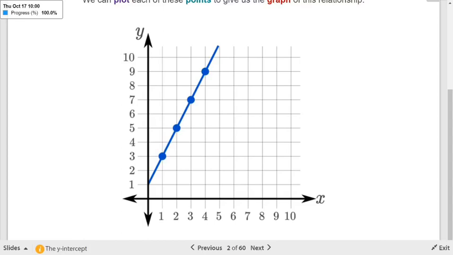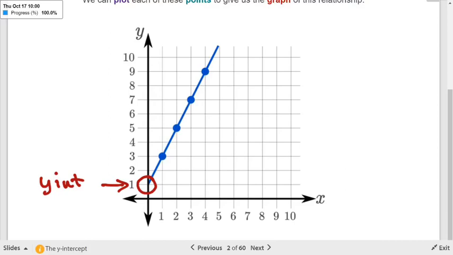Where does this line, it's not actually crossing, but touch the y-axis? On the 1. Exactly, where y equals 1. Okay? So it doesn't go all the way to the origin. It starts right there. So that starting point on the y-axis, that point is the y-intercept.